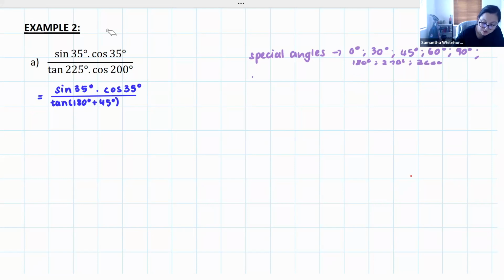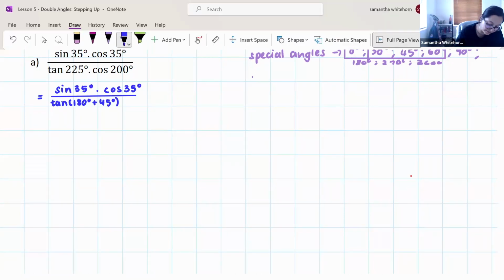Okay, so those are our special angles that we work with. We can get them via formula. Sometimes we're just given them, but those are the special angles that we focus on, particularly these first 4 over here, even more specifically the 30, 45, 60. Okay, but now we've got a special angle in that denominator. It means it's going to simplify nicely for us.